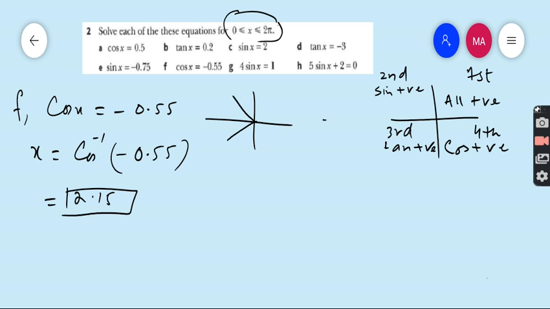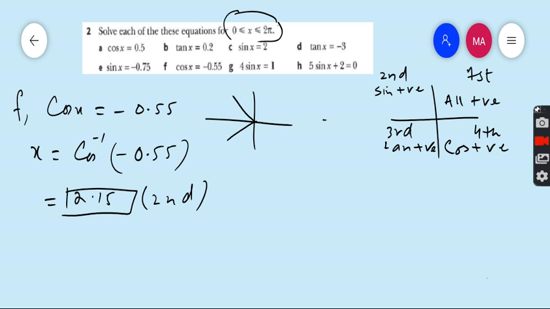And you know, when we find the value of x when the value of cos is negative, the first value is always in second quadrant. So this value 2.15 is already in second quadrant. So no need to find it by subtracting this value from pi.